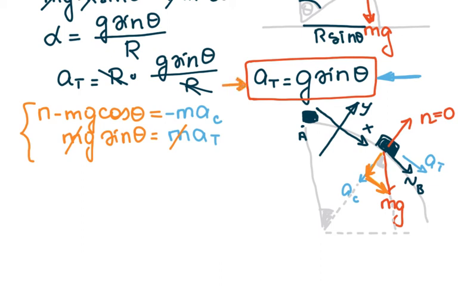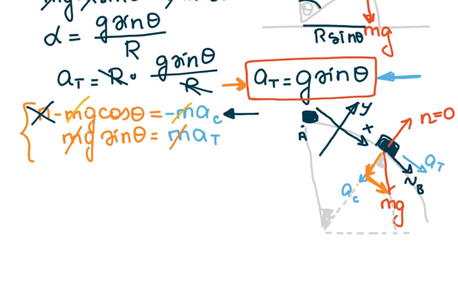Not sure which one would be the easier way to find it, but there are different ways to come to the solution. What I'm going to do is use this top equation to find what theta is equal to. Because at the moment when the mass is leaving the sphere, the normal force is equal to 0, and I also can cancel the masses from both sides.